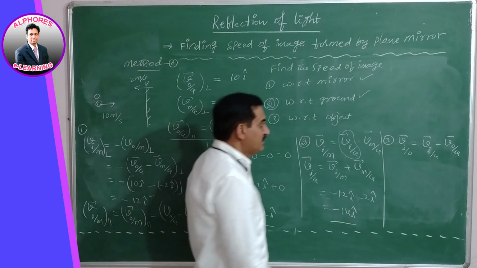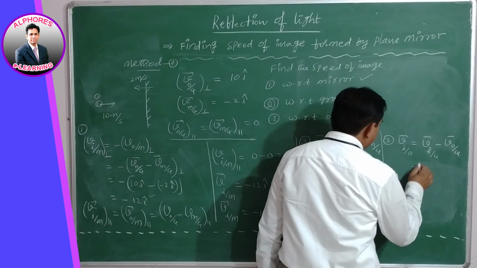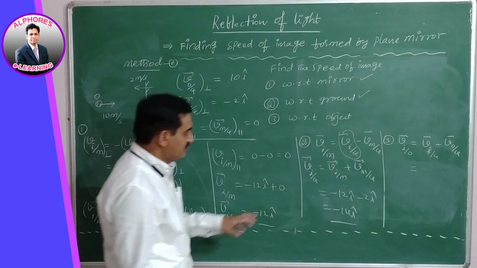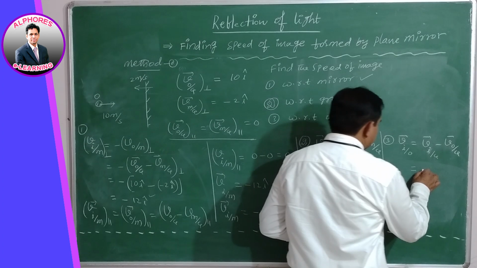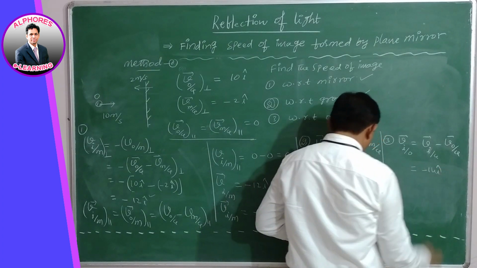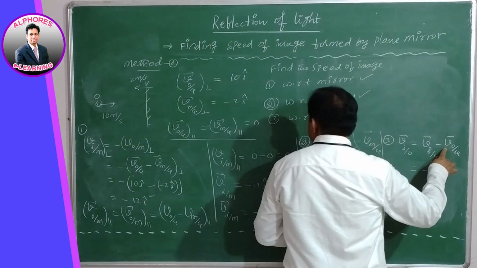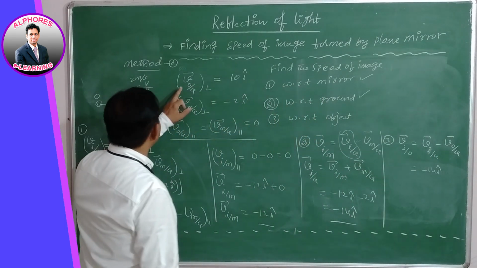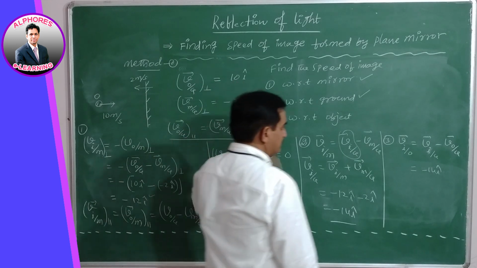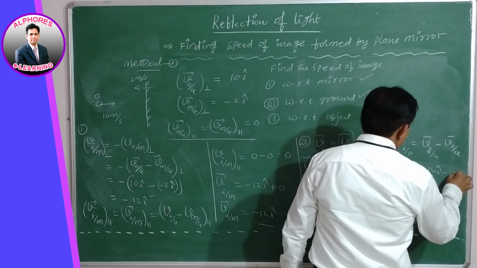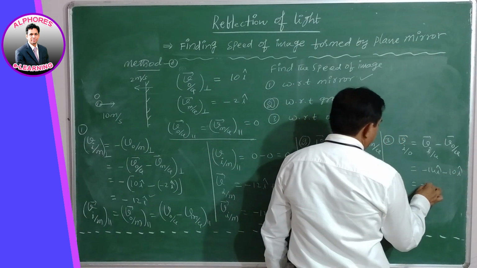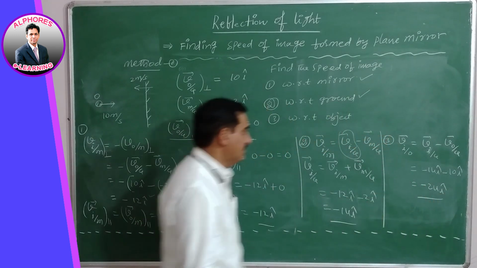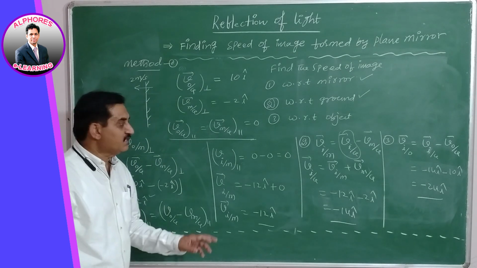Now substitute the values: image with ground, calculated as minus 14i, and object with ground is 10i. Minus 14i minus 10i gives us minus 24i. This is the final answer.